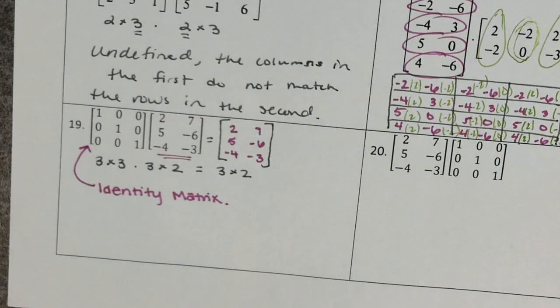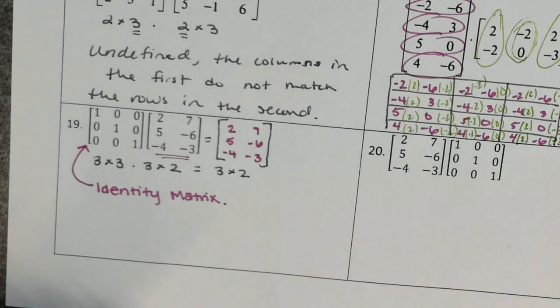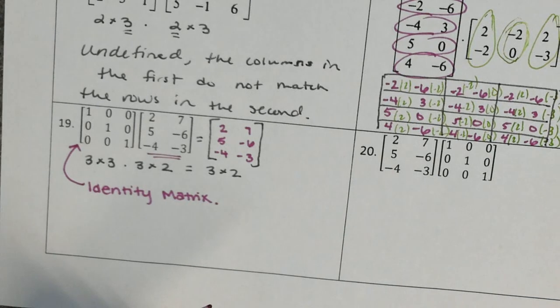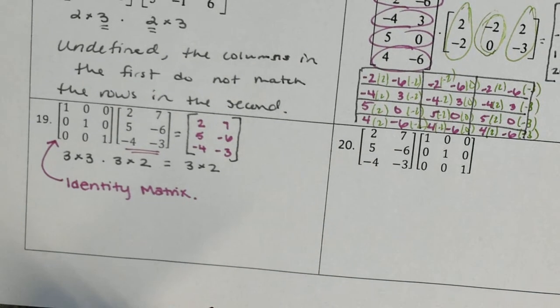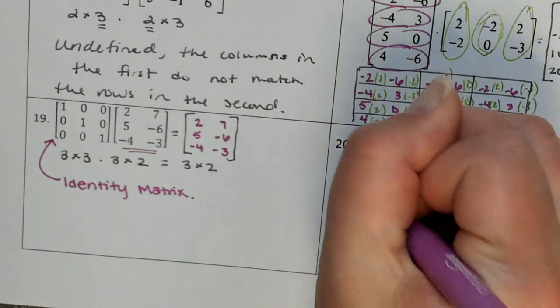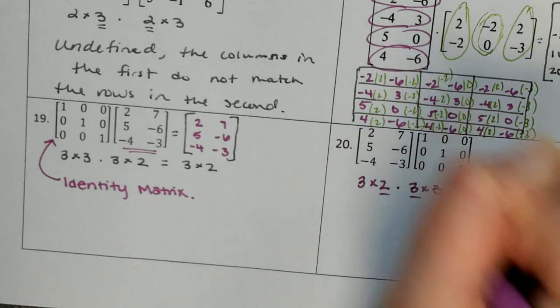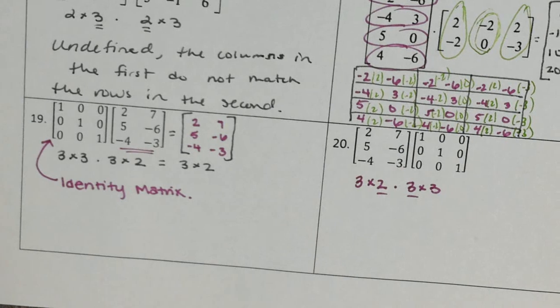Number 20. Is our answer the same thing? Because again, I see the identity matrix. What do you think? Why? Because the 2 then is 3 by 3. You have a 3 by 2 times a 3 by 3. These do not match, meaning your answer is undefined.